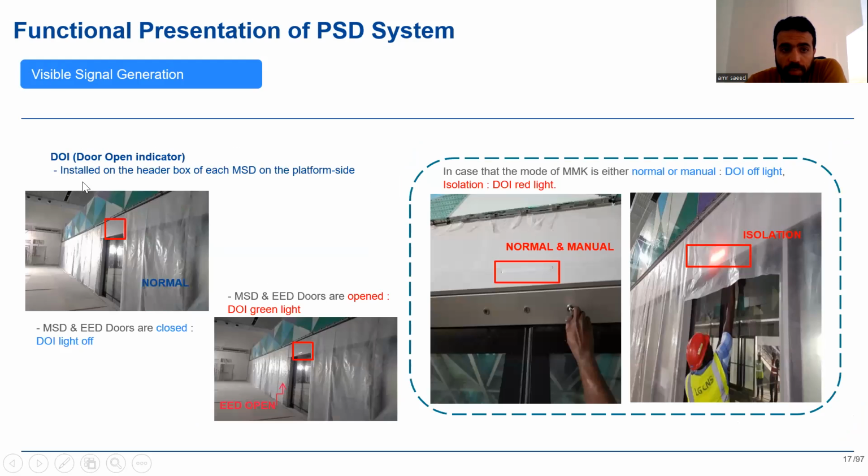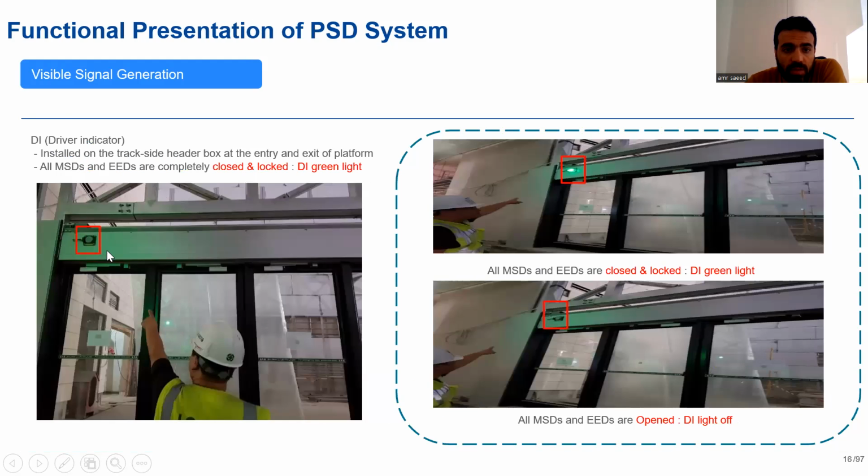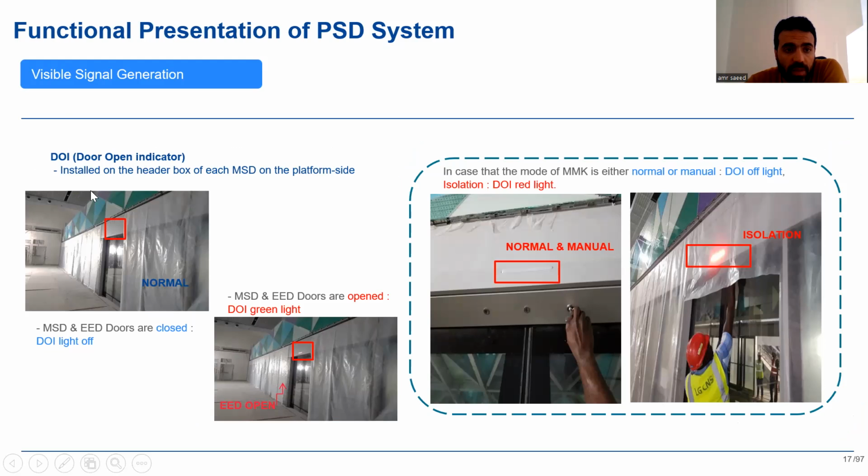This driver indicator is located on the track. The only one who can see it is the driver himself. But the door open indicator is installed on the header box on the platform side.